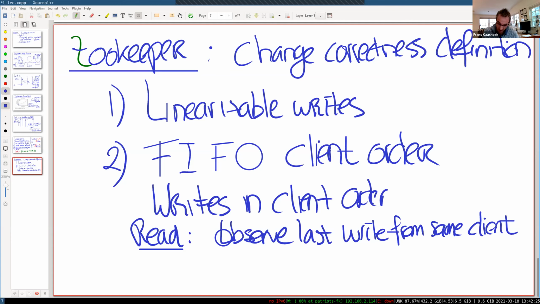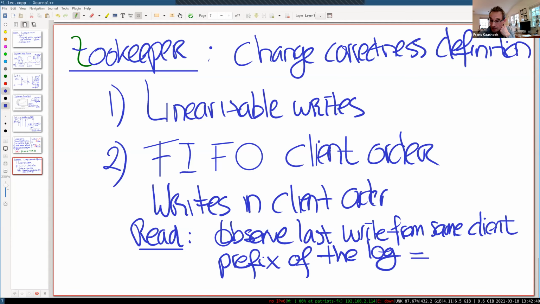Instead, what it guarantees is that the read will observe some prefix of the log. So this means, correct, that you can actually see stale data.